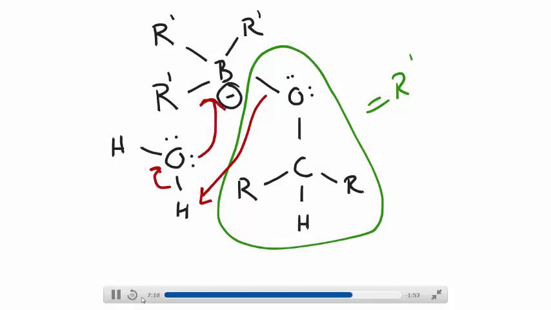So this looks very similar, if you remember, to the second step of hydroboration oxidation when you do the oxidation step. This is very similar to that as you break apart the complex.